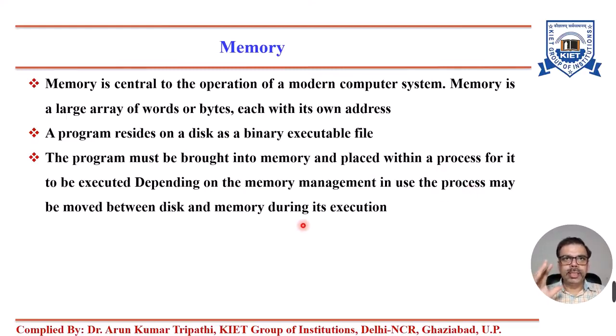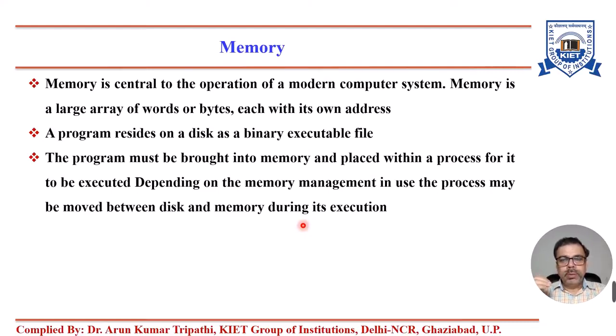So continuously there is a switchover from primary memory to secondary memory. Secondary memory means hard disk. As we have discussed in the previous lecture, that was the process. The long-term scheduler is responsible for bringing the program from secondary memory into the primary memory.